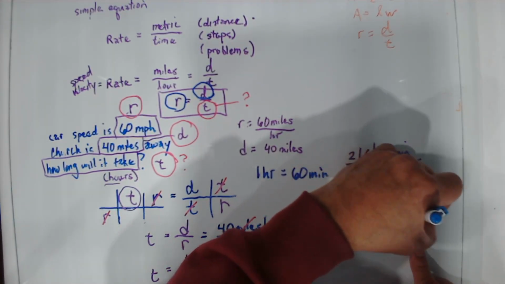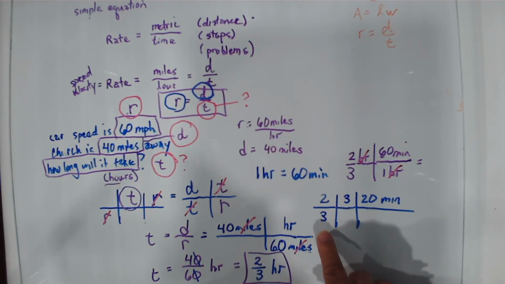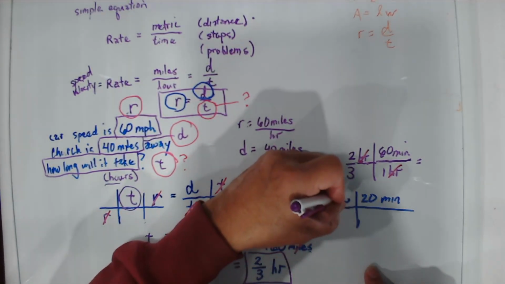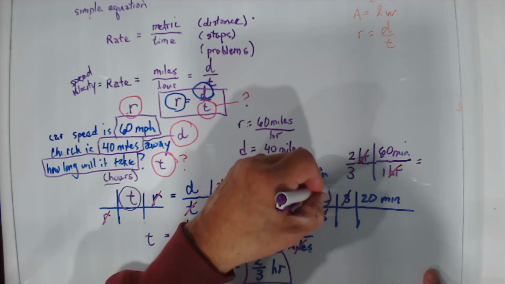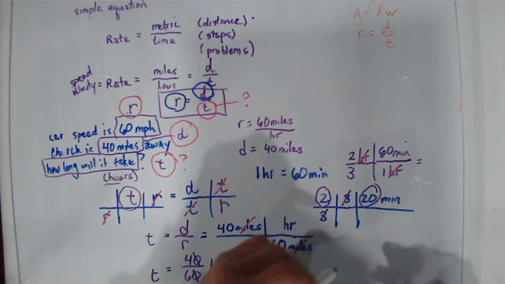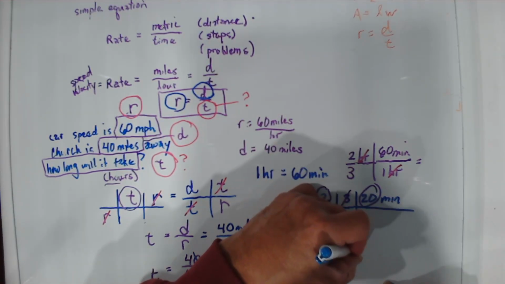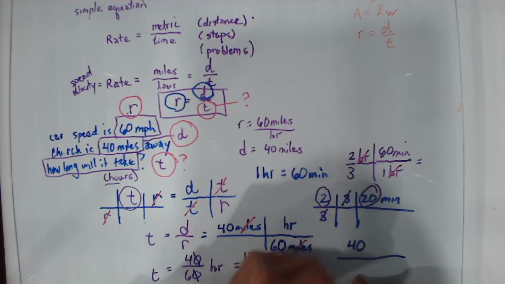And I'm doing that because, you can see why I chose 3, I want to cancel out 3 here. Okay. So those cancel out. And what am I left with? I am left with the 2 times 20. So what's 2 times 20? Well, 2 times 2 is 4. That gives me 40. And that's our answer.